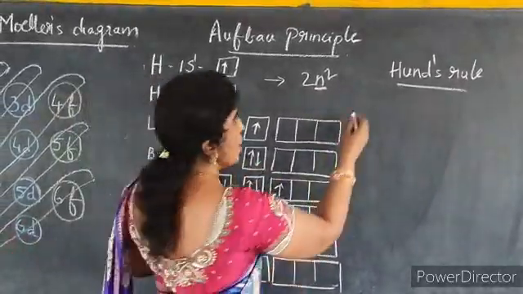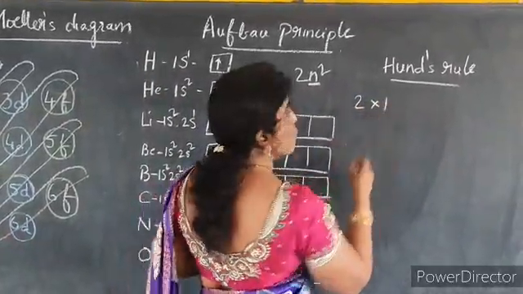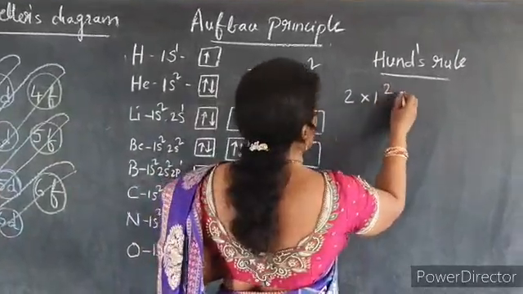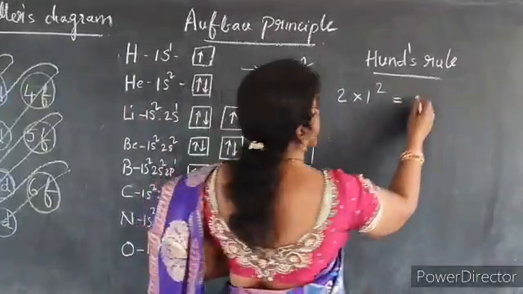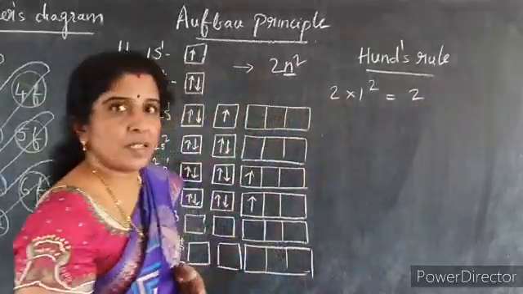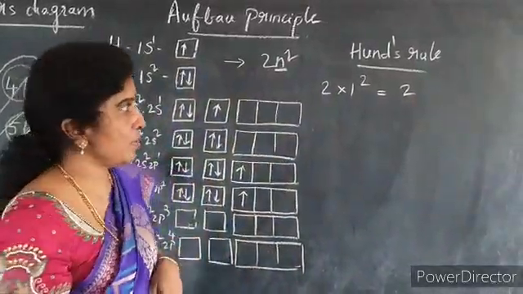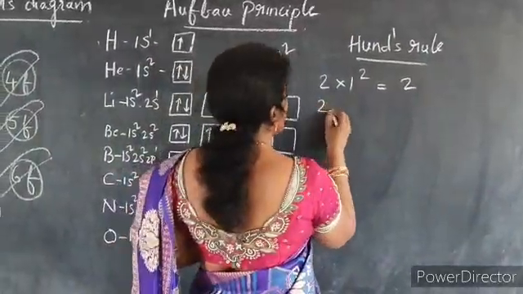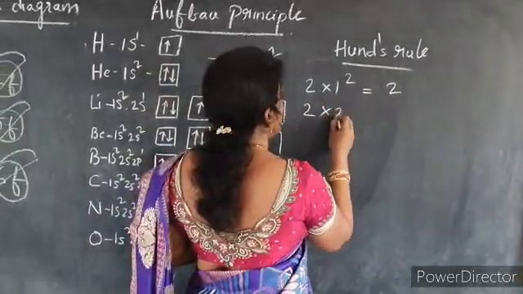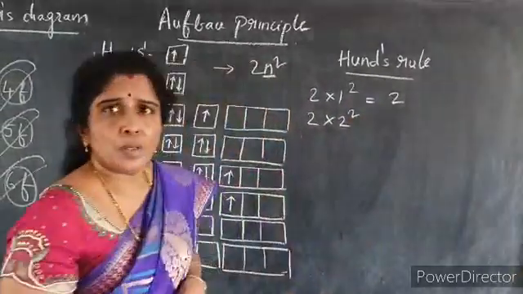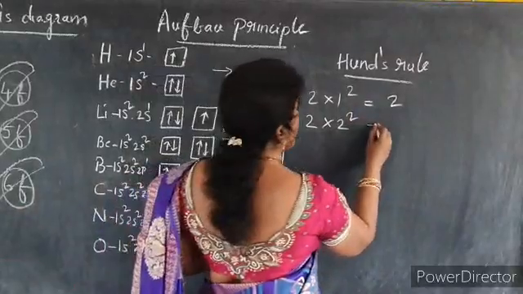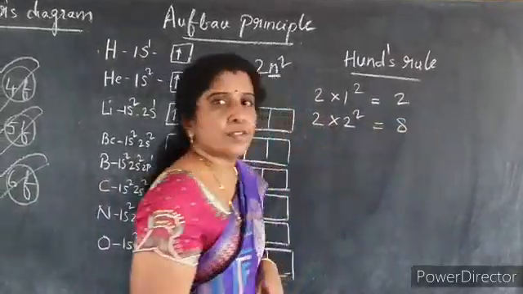Now for the first shell, the principal quantum number is 1. So 1 square, and total you will get 2. For the first shell, there are only 2 electrons. In the second shell, where the quantum number is 2, 2 into 2 square, so 4 2s are 8 electrons.